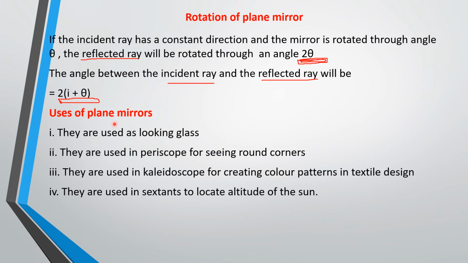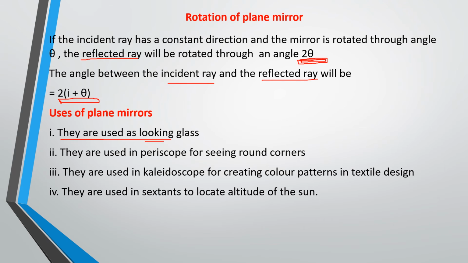Alright, so these are some of the uses of plane mirrors. They are used as looking glass. They are used in periscopes for seeing round corners. They are used in kaleidoscopes for creating color patterns in the textile industry, and they are used in sextants to locate the altitude of the sun. Basically, in everyday life, this is what you use the plane mirror for.